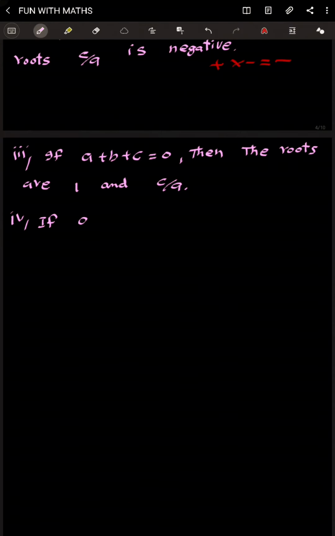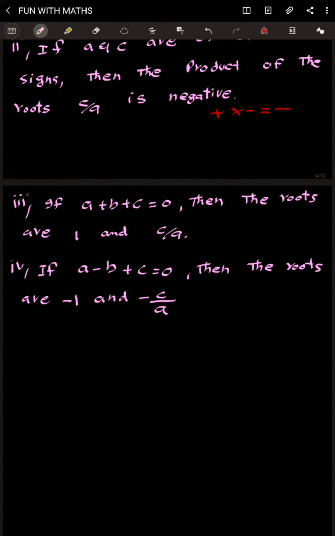If a minus b plus c equal to 0, then the roots are minus 1 and minus c by a. If a minus b plus c equal to 0, then the roots are minus 1 and minus c by a.